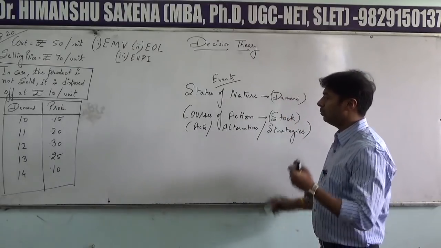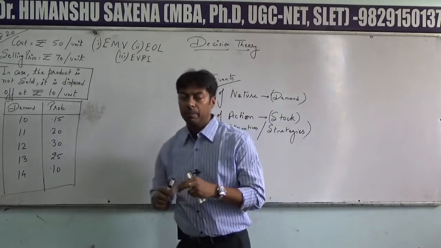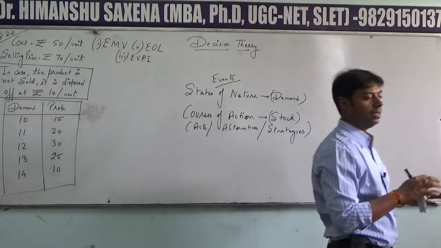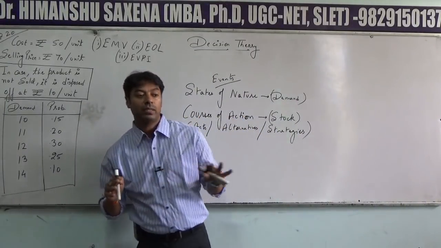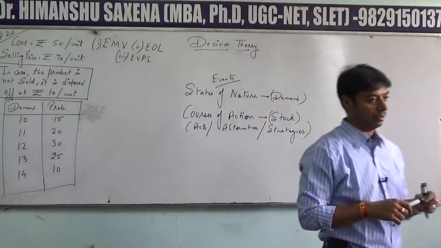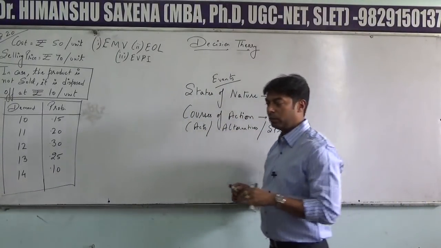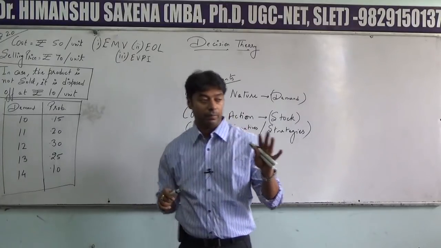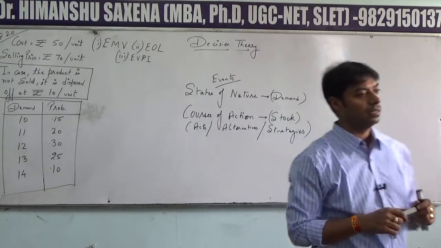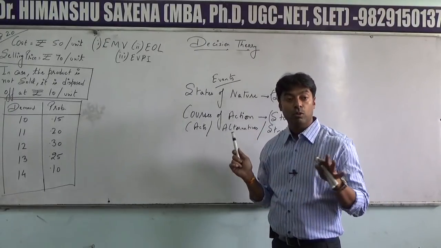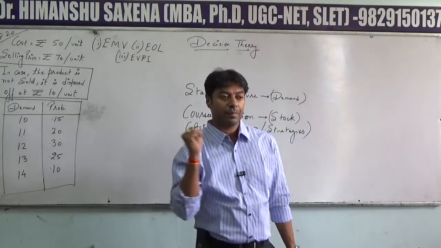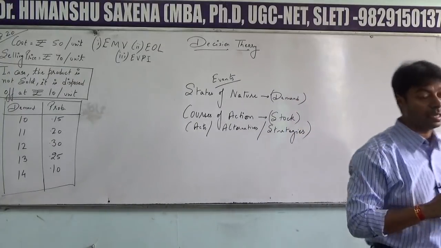Now, what is the difference between these two factors? Remember, states of nature refers to those factors which are outside the control of a decision maker. These are those factors which are incontrollable, while courses of action refers to those factors which are directly under the control of a decision maker.